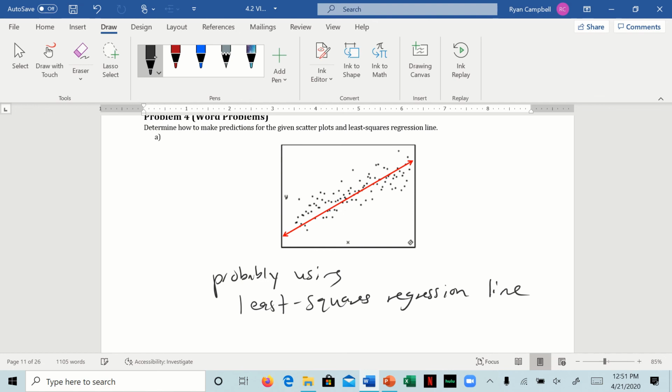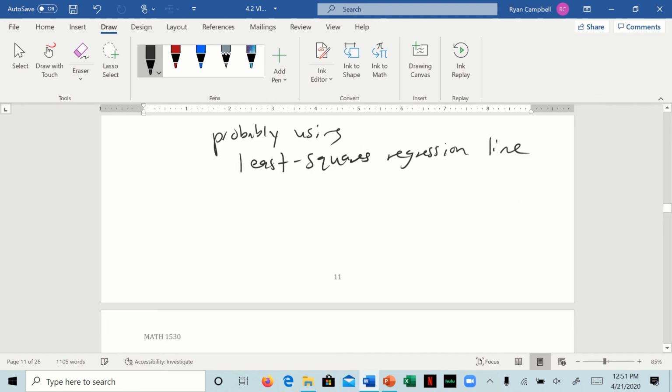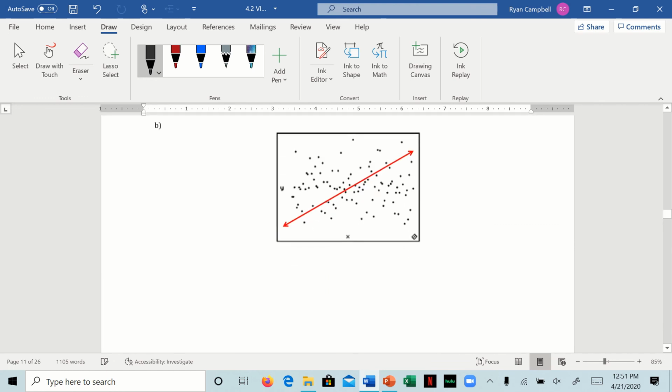The line pretty much goes with the data, so we have to prove it, but we'll probably use the linear regression line because it's probably linear. What about this one? We can see the data is all over the place and it doesn't really go in this direction, so we can't use the regression line. Instead we're going to use the sample mean of the y values.